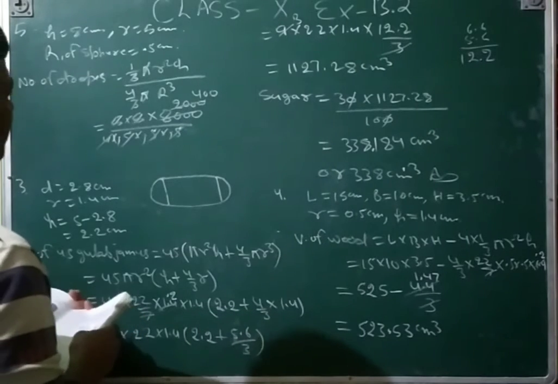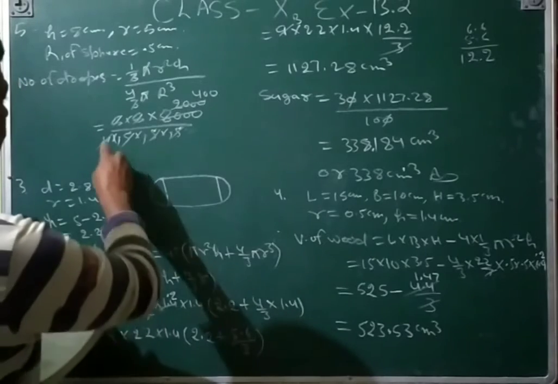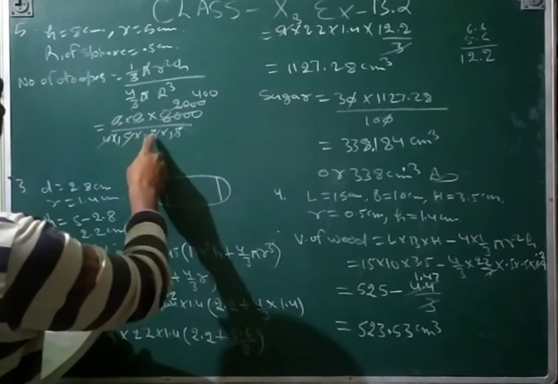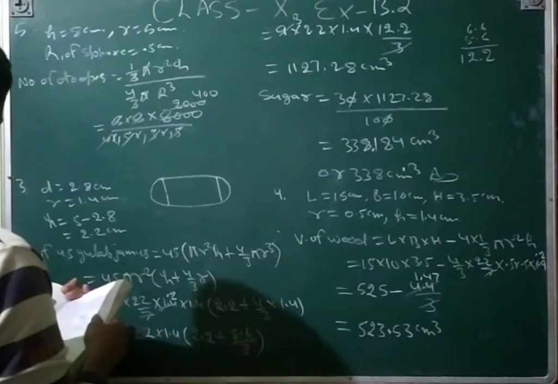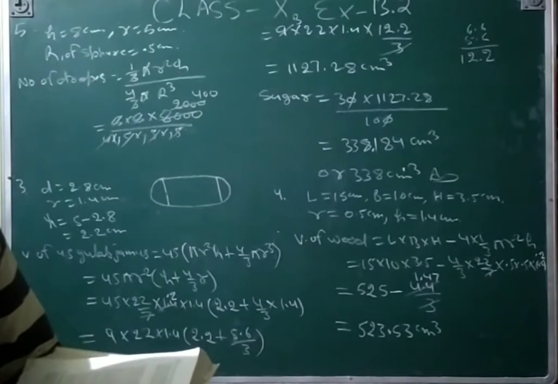5 fours are 20, 5 cancels by that 5, and then that will be left.